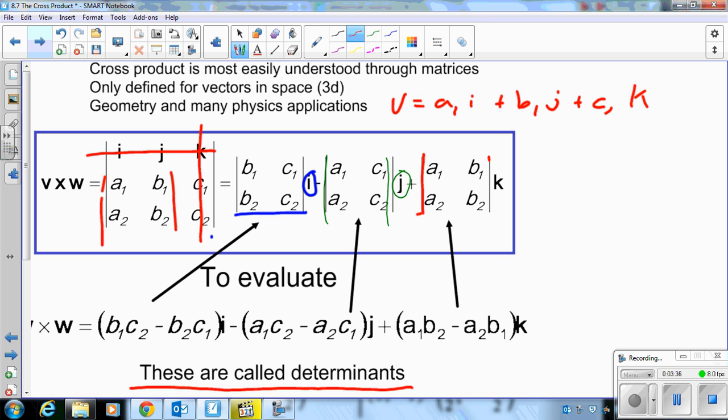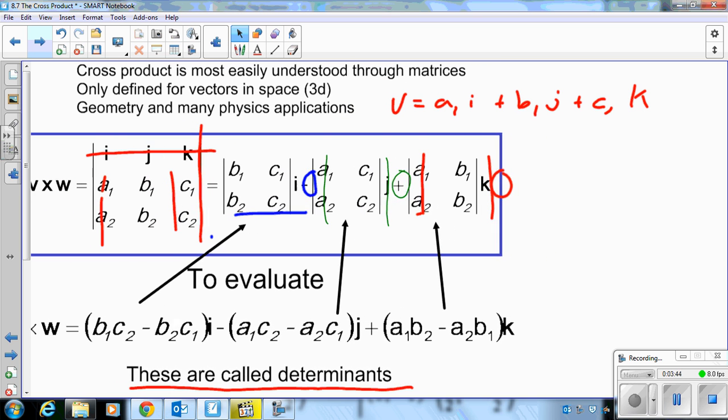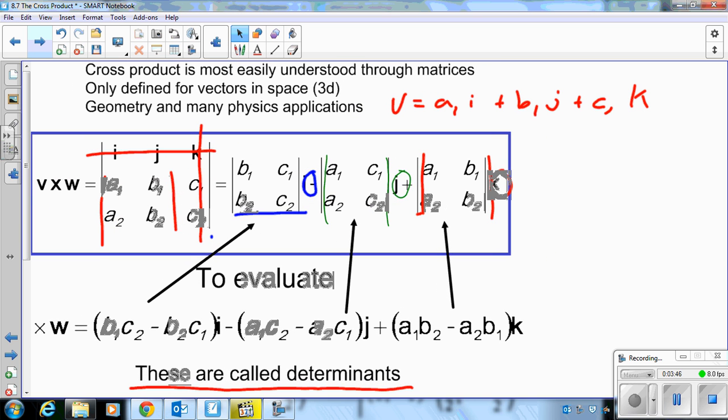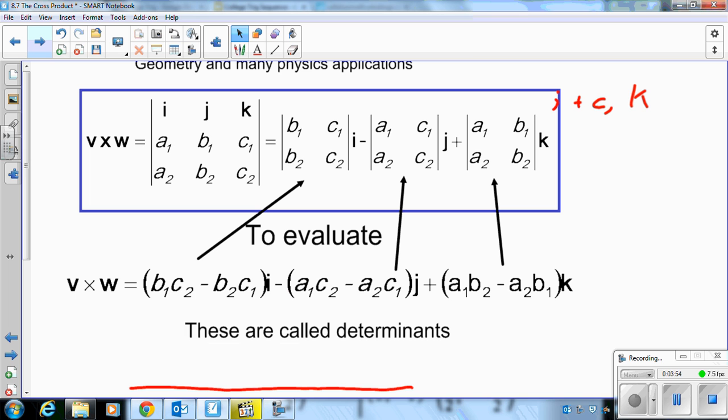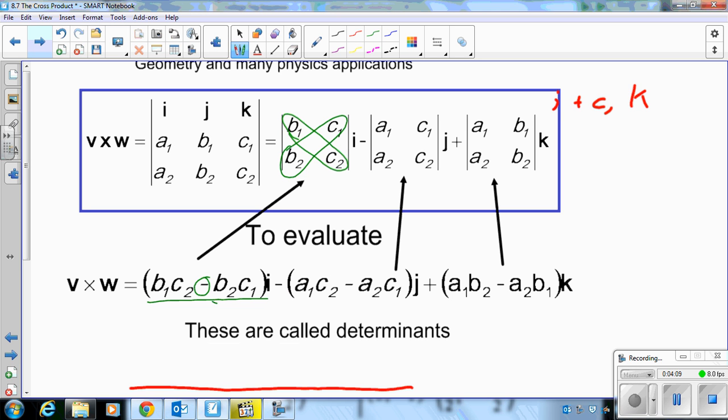Now remember, to find your determinant, you have this equation down here. So for the first part for i, it's b1 times c2 minus b2 times c1. And that's how we find the determinant.